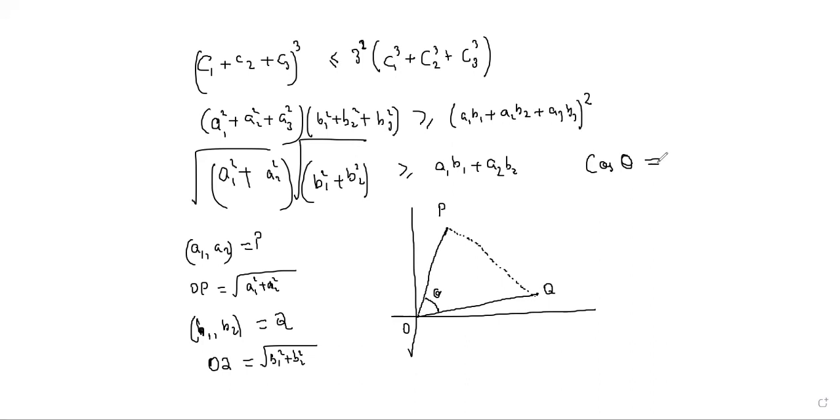Can we find cos theta? Yeah. So we want to find cos theta in terms of the coordinates P, Q, and O. O is obviously known, and P and Q we also know. So in terms of those coordinates, can we find cos theta?